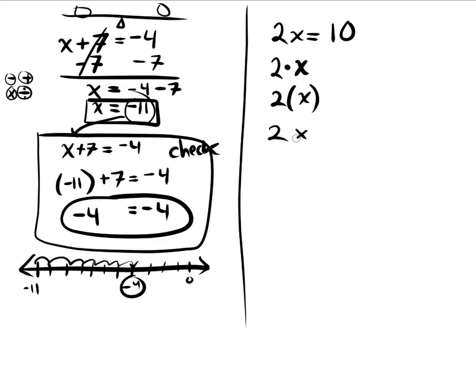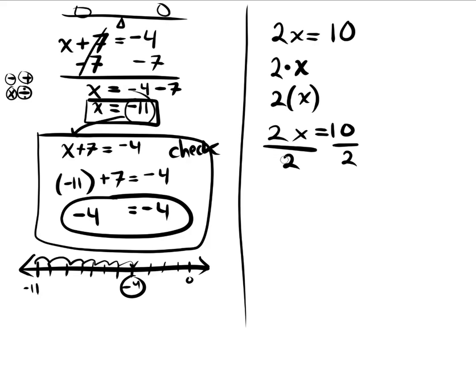Once again, all of these are equivalent, but I'm just going to write what we saw originally when we had 2x is equal to 10, right? And I'm going to divide that by 2. And if I do it to this side, remember, because it's an equation and these sides have to stay equal, I'm going to do the same to this side. So I end up with 2x over 2 is equal to 10 over 2.